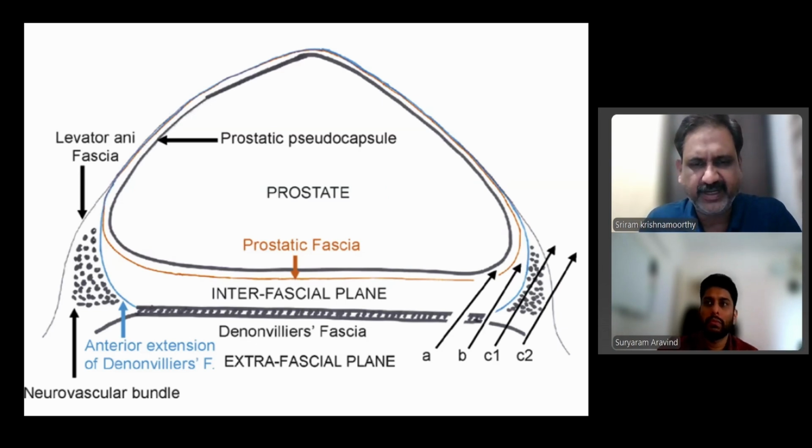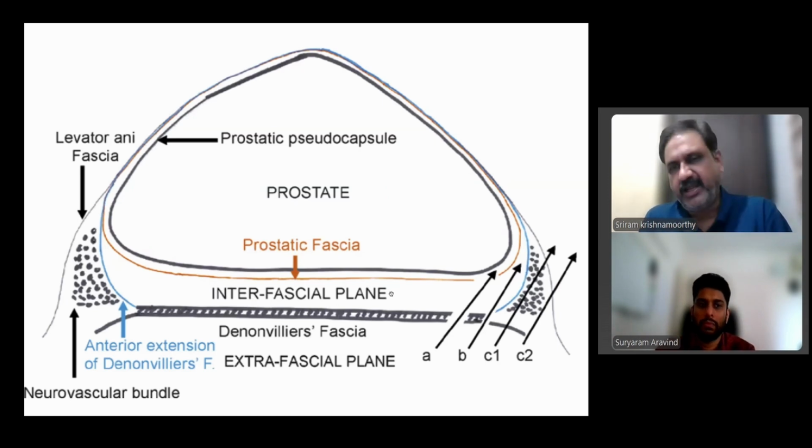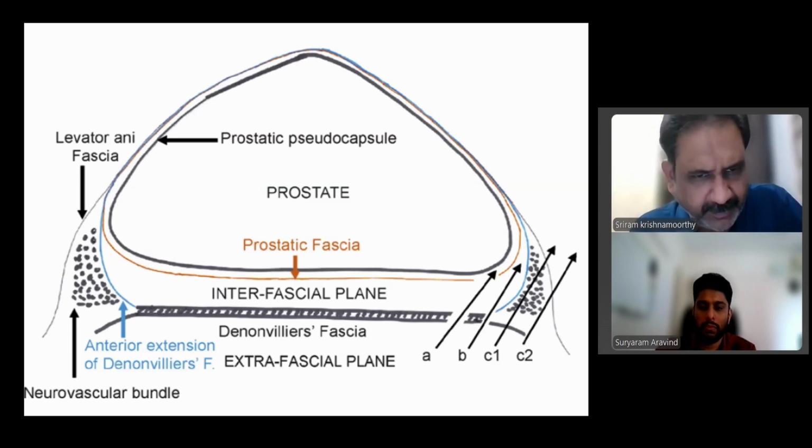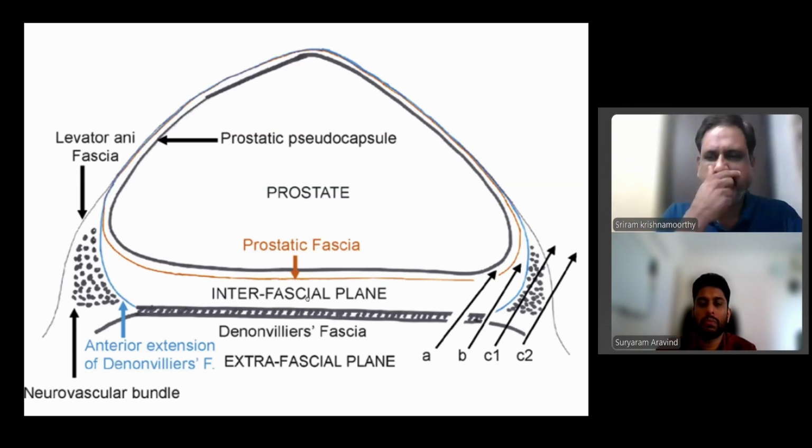Interfascial is one where you create a plane between the prostatic fascia and the Denonvilliers fascia, and scoop out the entire prostate gland along with the prostatic pseudocapsule and the prostatic fascia.